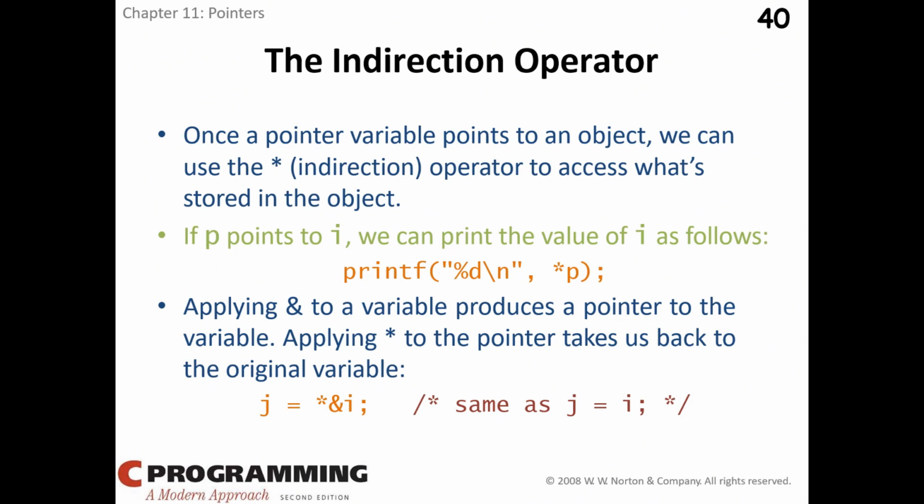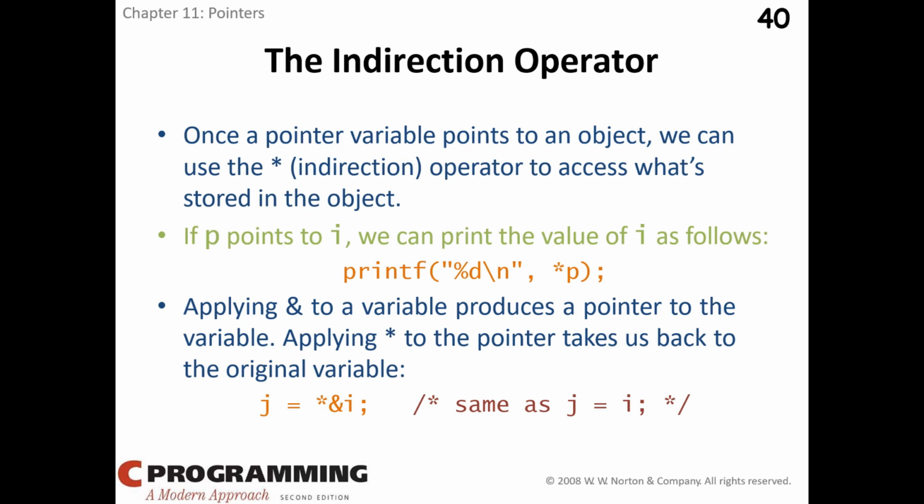Additionally, applying the address operator or the ampersand to a variable produces a pointer to that variable. And conversely, applying the indirection operator or the asterisk to a pointer takes us back to the original variable. We can see the example here in the bottom of the slide.